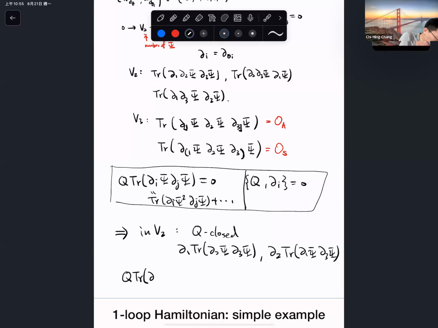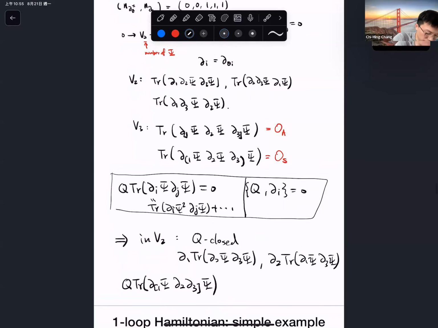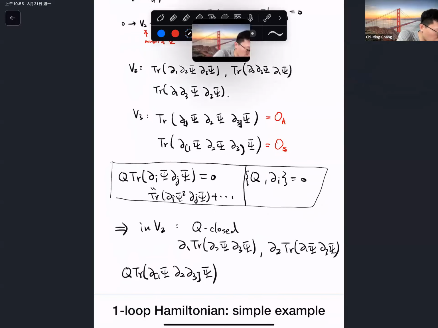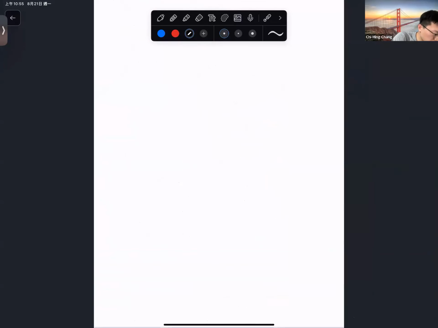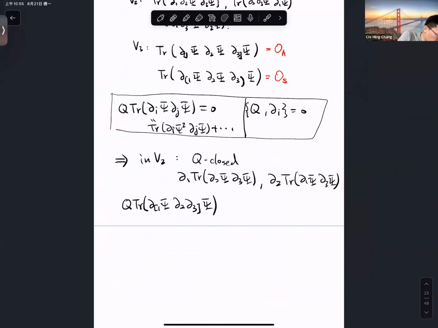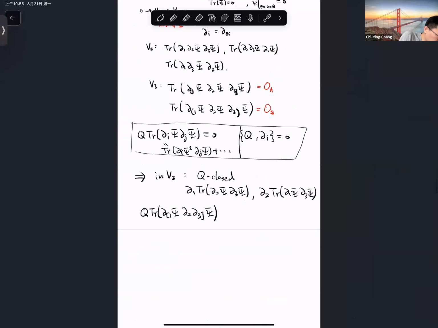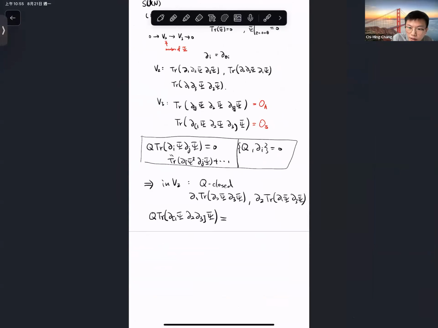Let me see. Partial 1 psi and partial 2, partial 3 psi. So this guy, let me see if I probably need to add one more page. So this guy, if we compute it, so that equals, so first the Q cannot act on the first side because the first side only has one derivative acting on it.